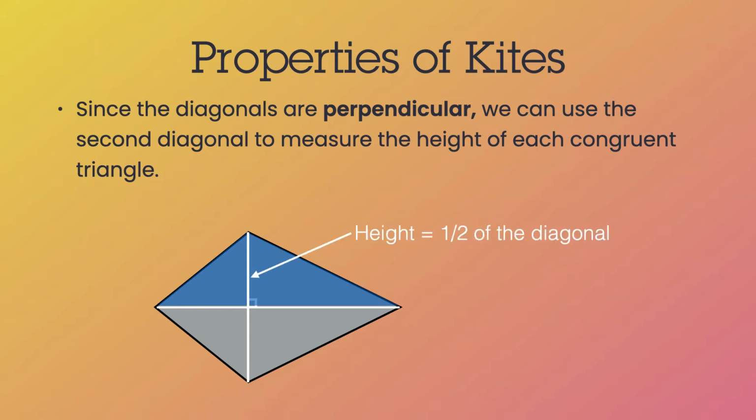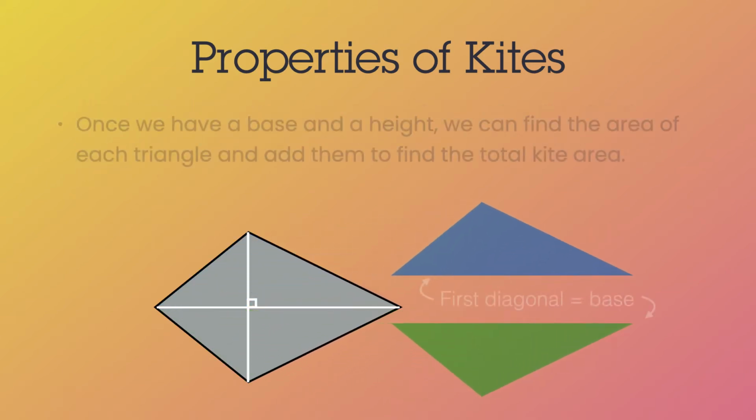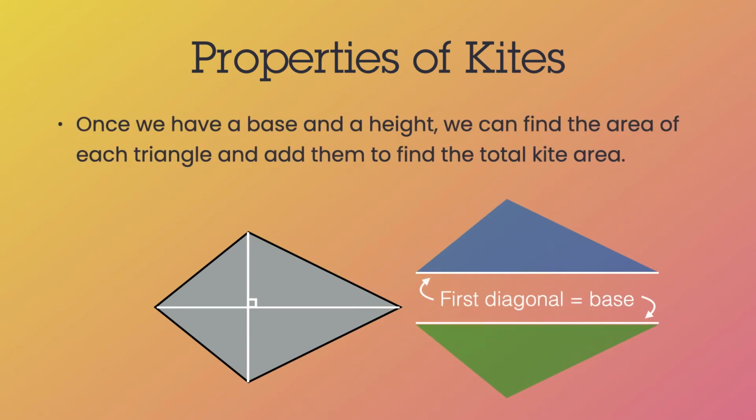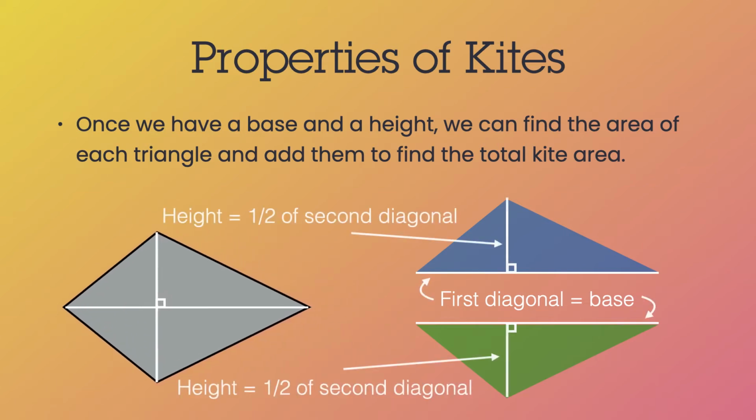So the height of the top triangle is half of that second diagonal, and then the height of the bottom triangle is the other half. When we look at those two triangles, the base of each triangle is that first diagonal. So it not only helps create the triangles, it gives us a measurement that we can use. And when you think about these diagonal measurements, that's all we need to find the area of those triangles.